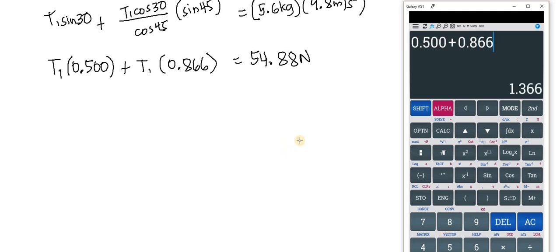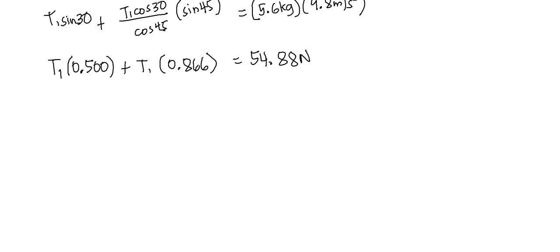So that will be, of course, let's write it, T1 multiplied by 1.366. Of course, there's no unit because we just have the cosines and the sines of those numbers, and the weight is 54.88 Newton.